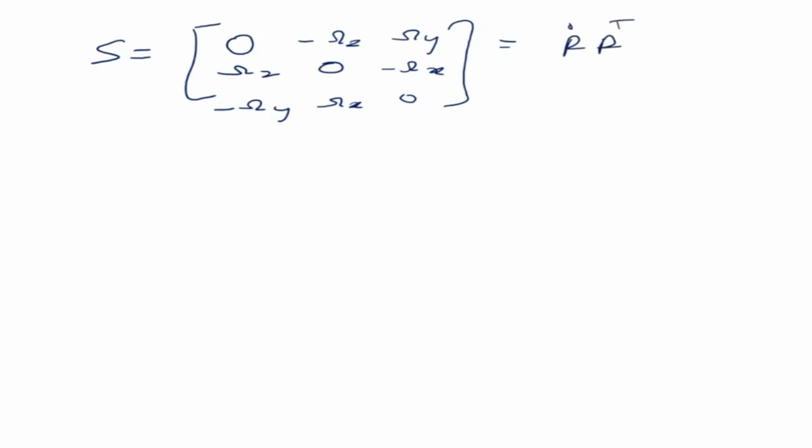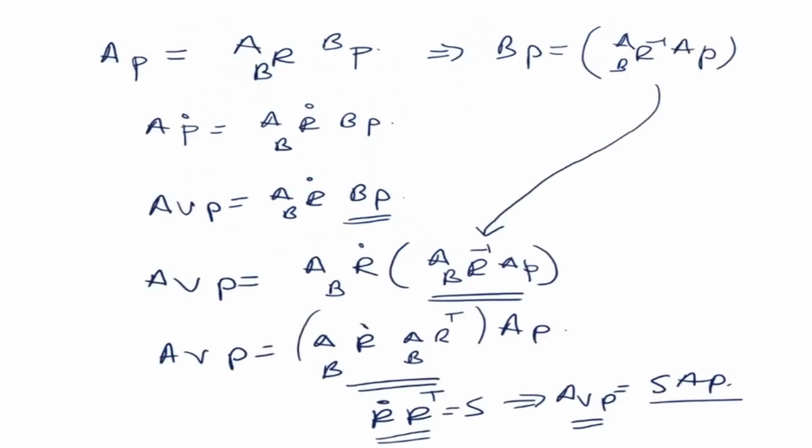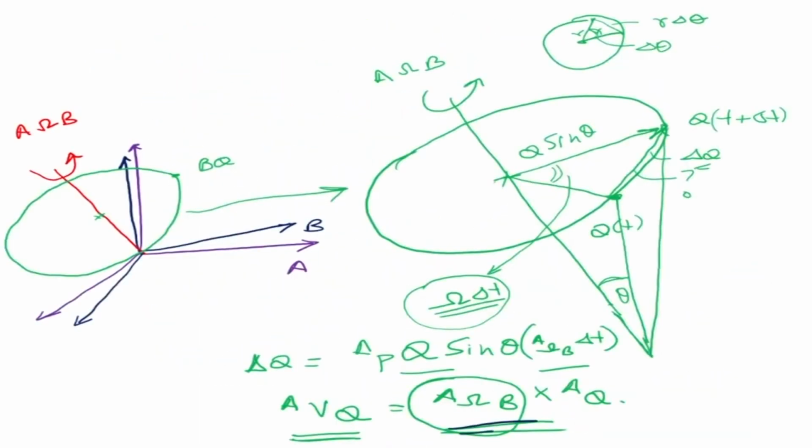This can be defined by a 3×1 column vector as omega is equal to omega X, omega Y, omega Z, and SP is equal to omega cross P. This is something we derived some time back also. So this is exactly what we are saying, omega cross AQ.